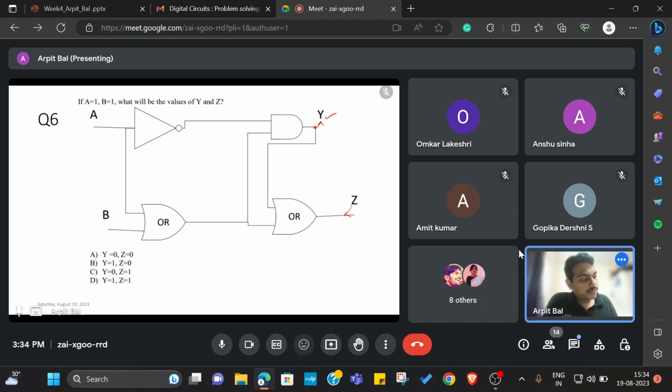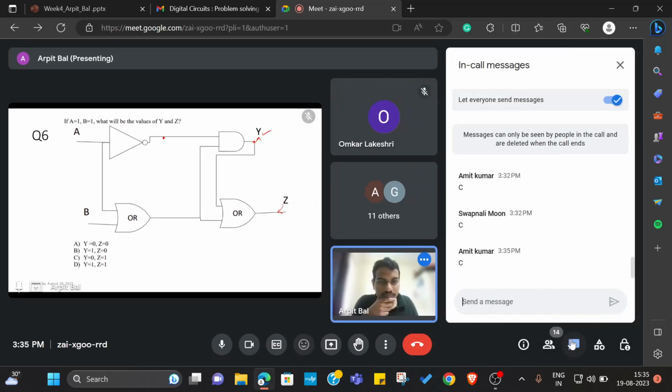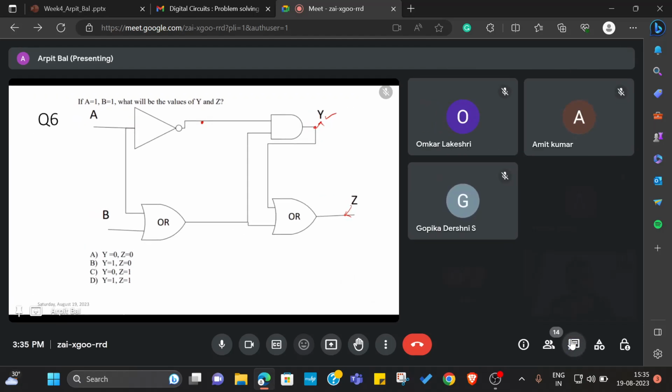Okay, so can anyone try this out? Okay, we have one answer. Let's see whether that answer is correct or not. Is there any other answer?